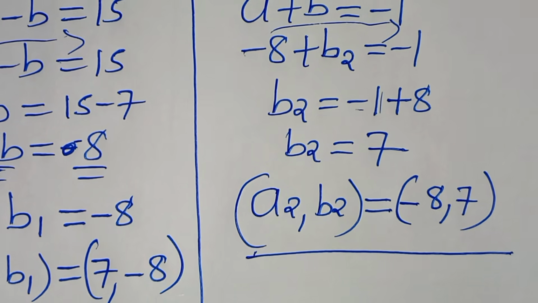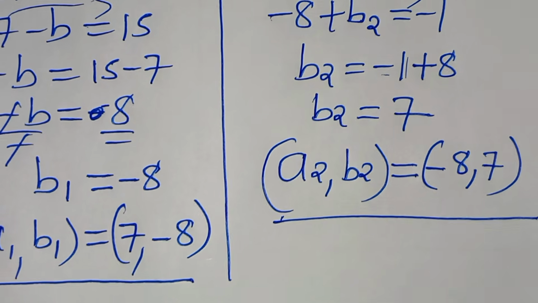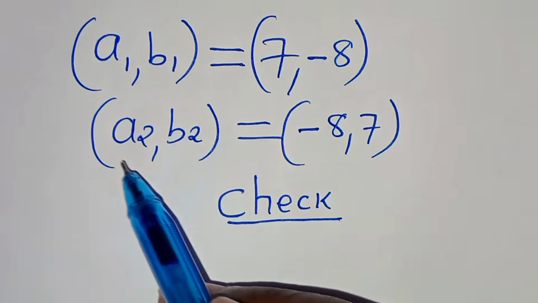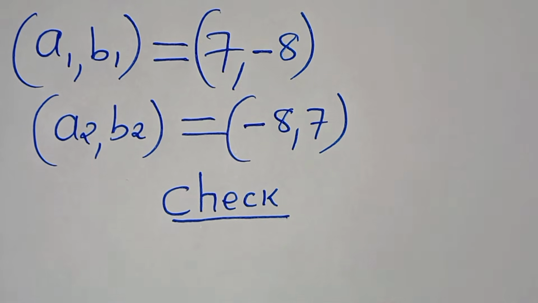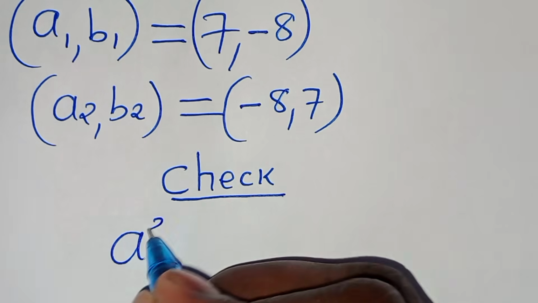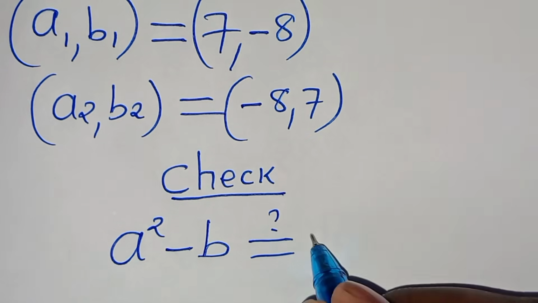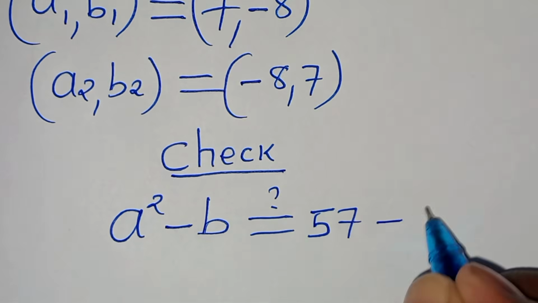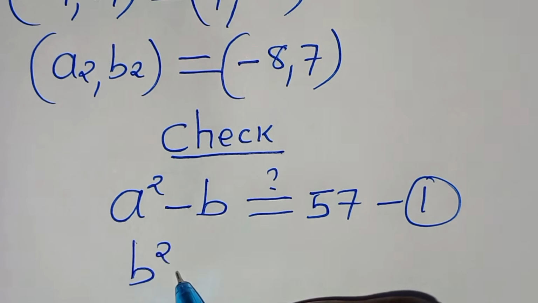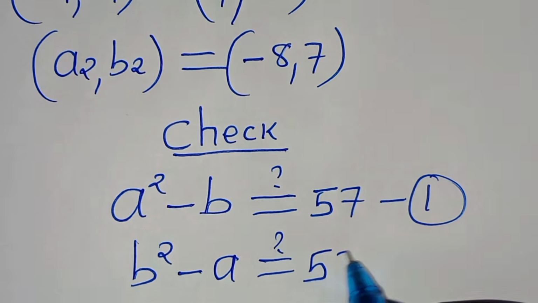Now let's check if these two sets of solutions satisfy the equations. Equation 1 is A squared minus B, which should give us a value of 57. Equation 2 is B to the power of 2 minus A, which is also supposed to give us a value of 57.